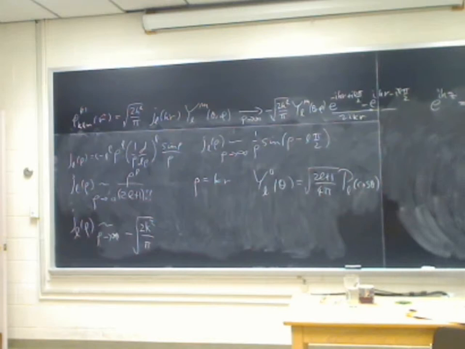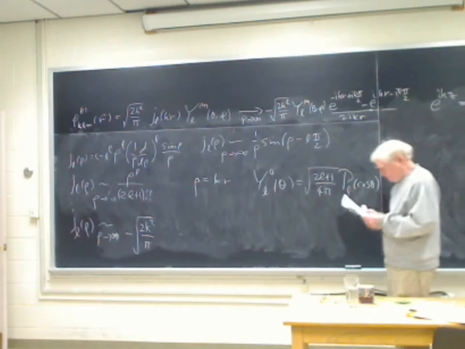The reason why there's no phi dependence is that this just depends on z, so it doesn't depend on x and y at all, which would involve phi. And so z is r cosine theta.